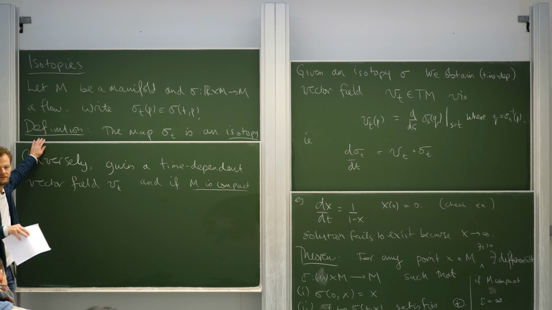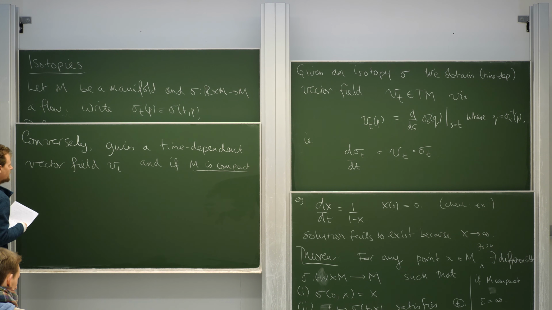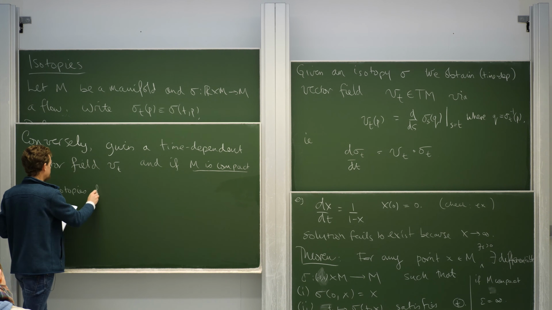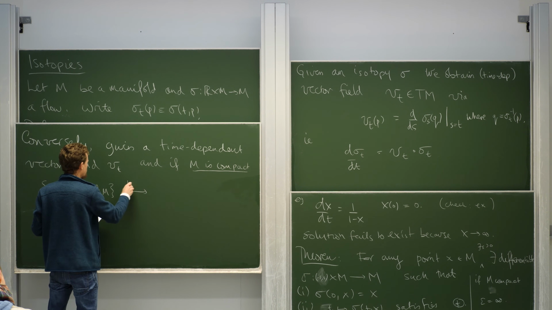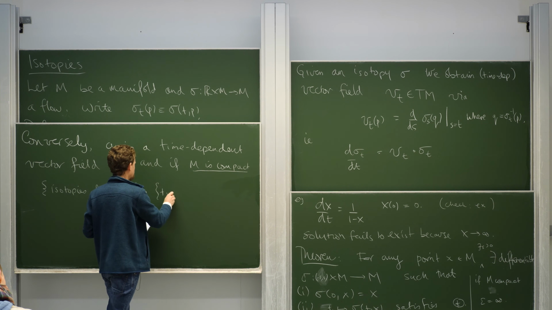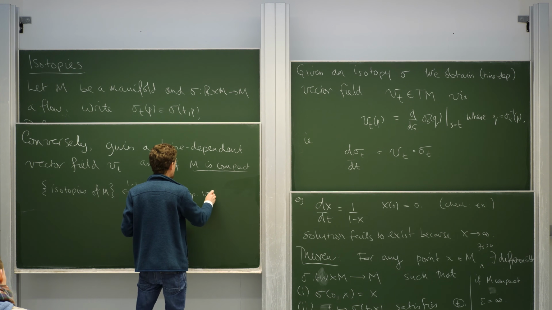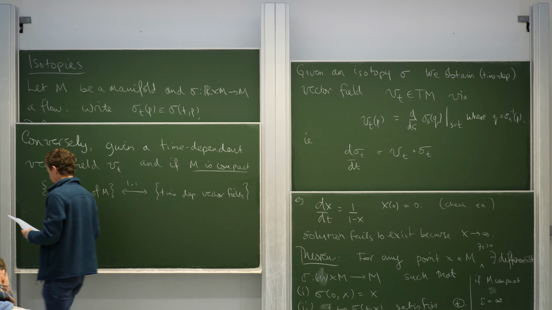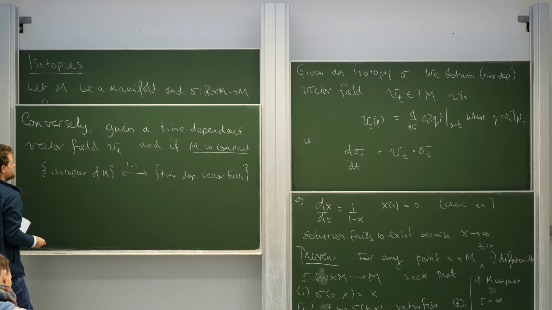It's a cylinder. So if M is compact, then we have a one-to-one correspondence between isotopies of M and time-dependent vector fields.